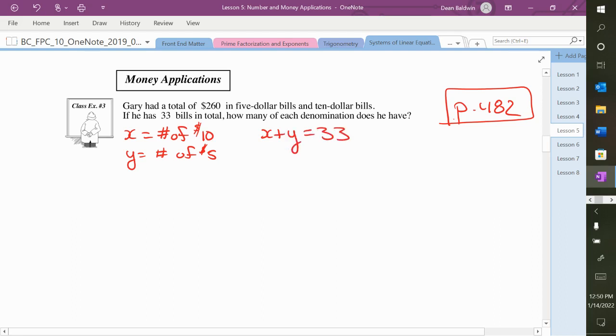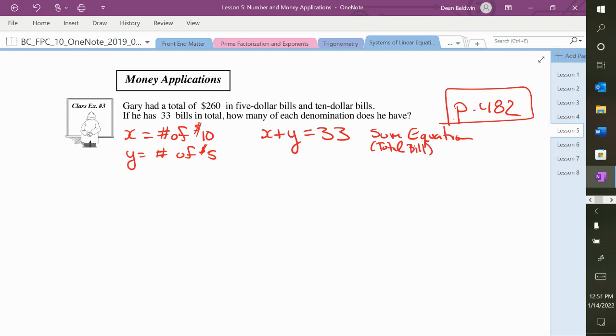The number of $10 bills plus the number of $5 bills has to equal the total number of bills, which is 33. So X plus Y is equal to 33. I call this the sum equation, or the total bill equation. It can be coins as well. That's kind of what these types of problems are.